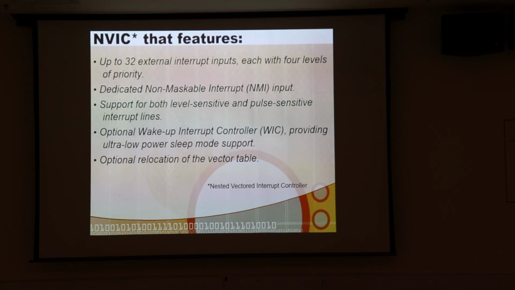If it's the same level, it waits till that interrupt's completed, and then it re-interrupts and executes the second interrupt. But if it's a higher level, it will interrupt the lower-level interrupt. And the interrupts can be level sensitive or edge sensitive, and then there's all sorts of wake-up features and sleep modes. It has several different levels of sleep and a number of various ways to wake it up from different levels of sleep.